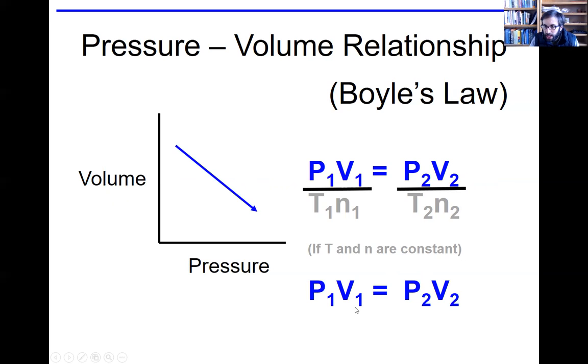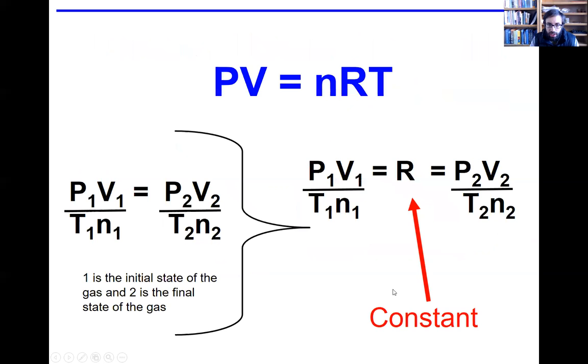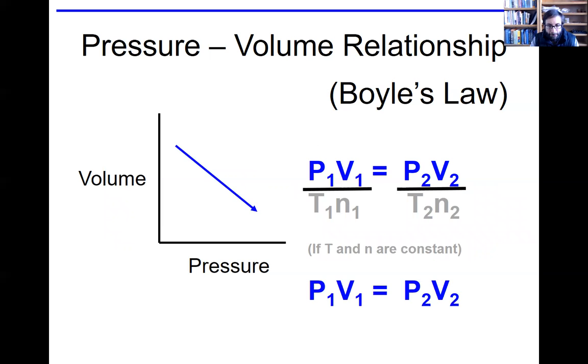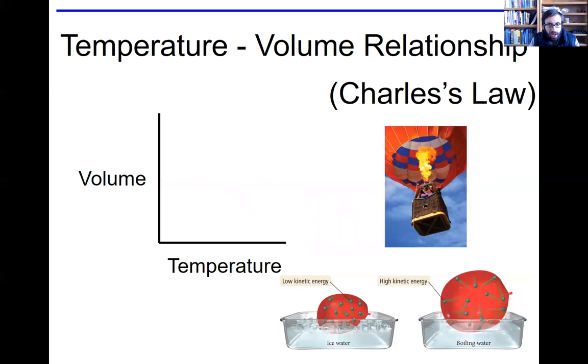You can memorize that if you want. I would just memorize PV equals nRT, and very quickly you can get from there. You just look at this, PV equals nRT, and I know PV equals PV, basically: P1V1 equals P2V2. Okay, so that's Boyle's law.